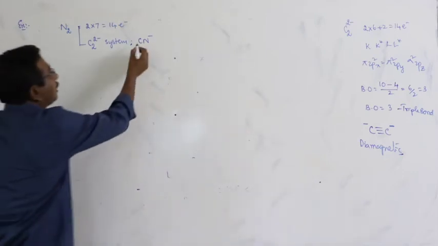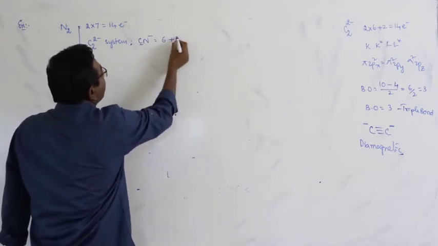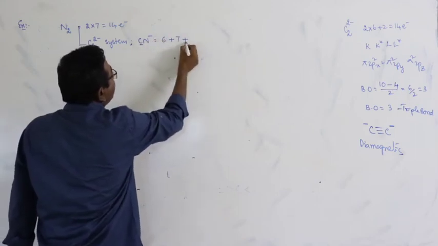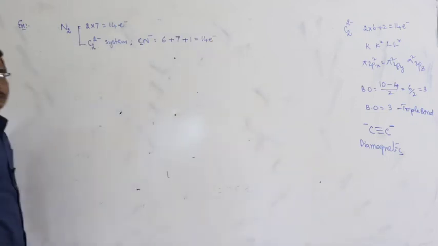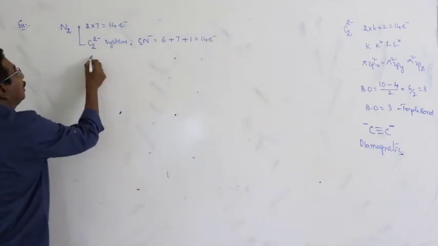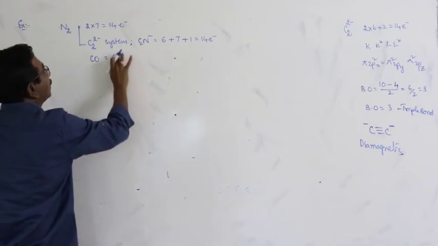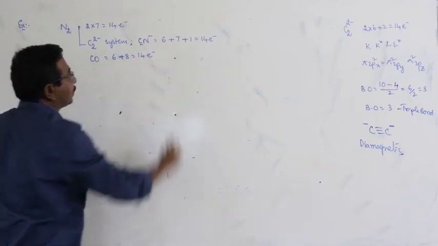How can you say? Carbon atomic number is 6 plus nitrogen atomic number 7. 7 plus 6, 13. 13 plus 1, 14. Another example, CO, carbon monoxide, 6 plus 8, that is equal to 14 electron system.